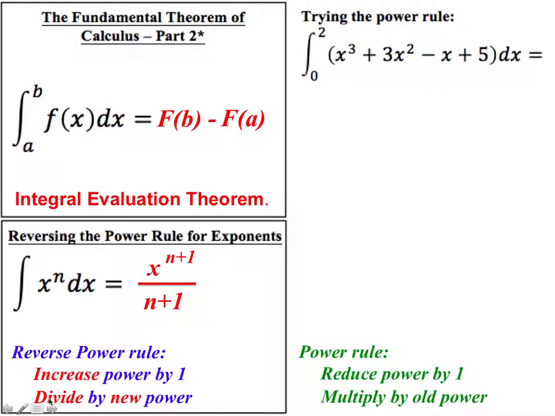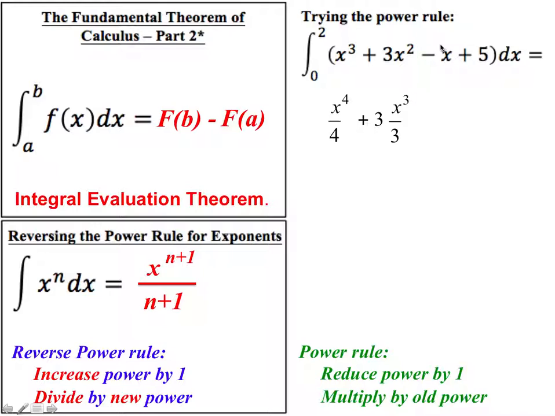My power rule reversal says increase the power by 1, so that's x to the 4th, and divide by the new power, 4. Then the next term has a coefficient of 3, so we're going to leave the 3 there while we do the reversal on x squared. We bump up the power by 1, making it x cubed, and divide by the new power 3. We have some simplifying to do, but we'll wait until the next step.